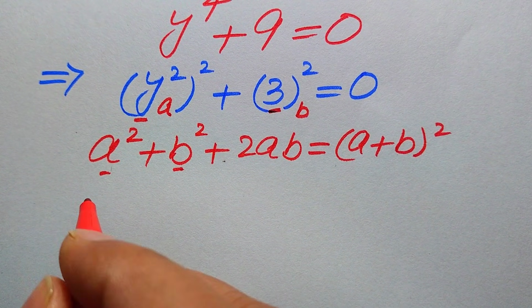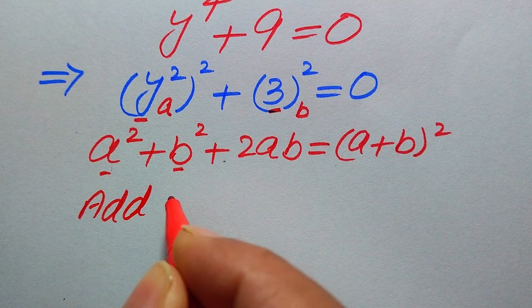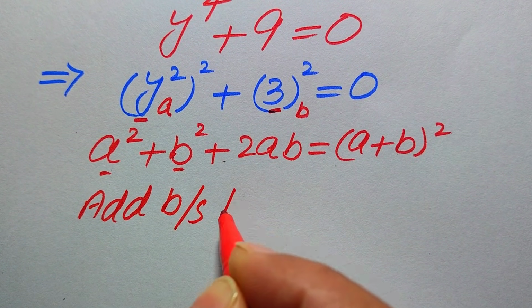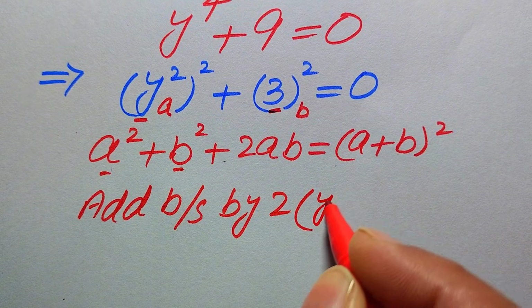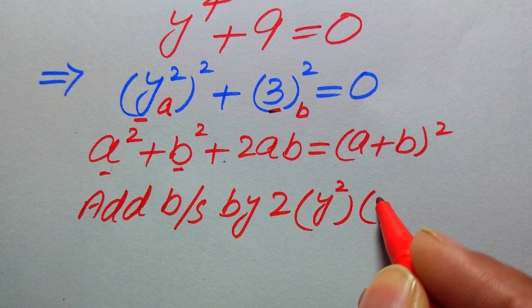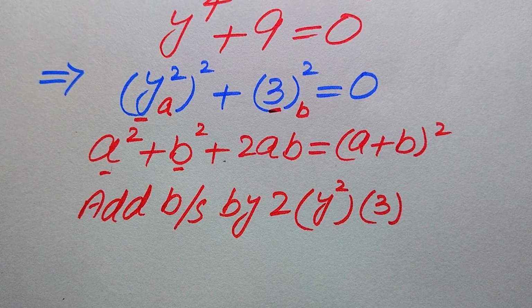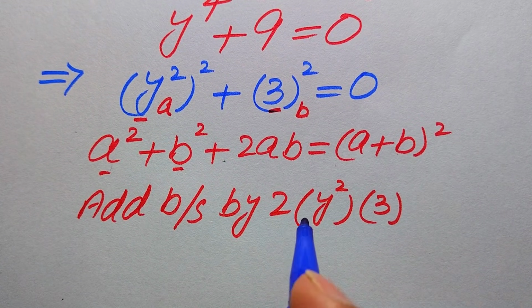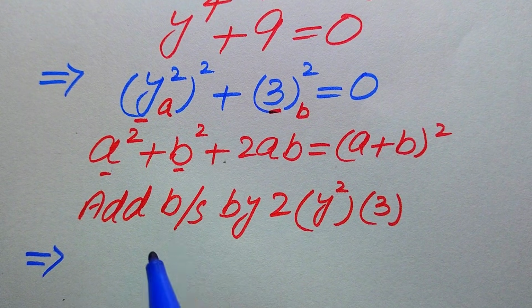So for this we will just add 2 times ab to both of the sides. Here our a is y square and b is 3. So we add 2 times y square into 3 to both sides in order to complete the square of this term.